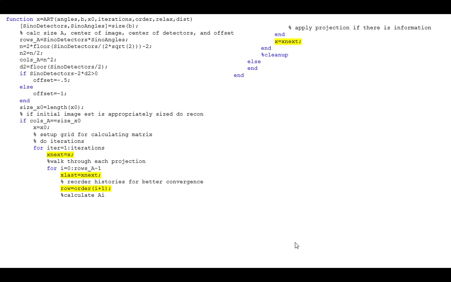So that's why it looks like I keep redefining stuff with different names, but you need to inside the for loops. So you make sure you're grabbing the correct estimate and not just grabbing something partway updated.